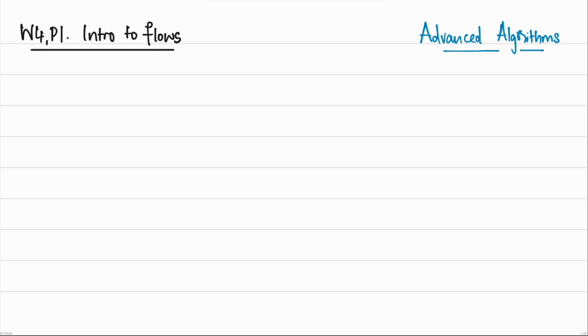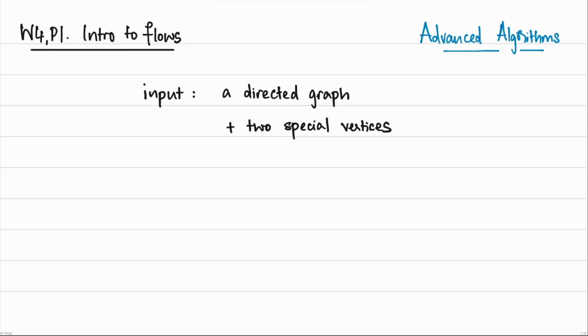So the input to the flow problem is a directed graph, but also two special vertices that we will call S and T. And typically, a way of remembering why they're called that is because the S usually stands for the source vertex, and the T represents a target vertex. So we will call them S and T.